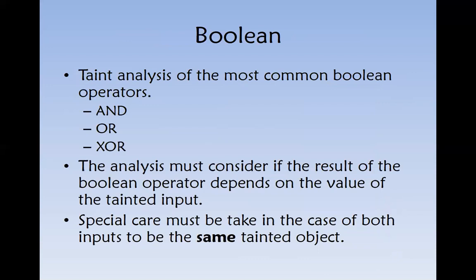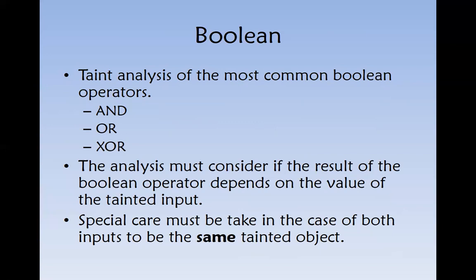I'm now going to show you how you propagate taint through Boolean operators. You can extrapolate to the other Boolean operators not shown here. And the rules are also going to be similar for various arithmetic instructions. So let's look at the most common Boolean operators, AND, OR and XOR, and then see how taint propagation happens.